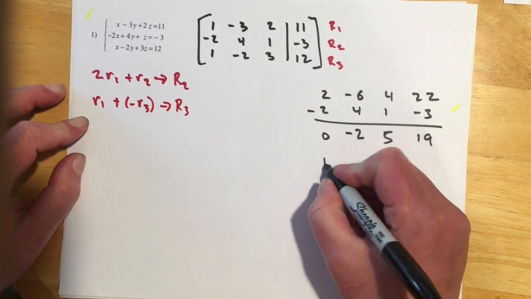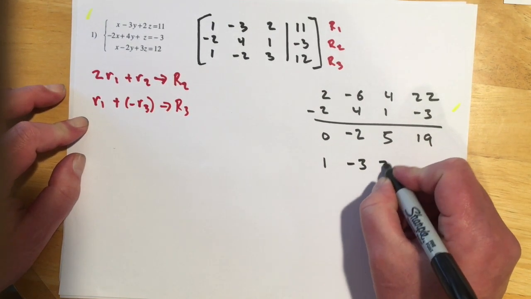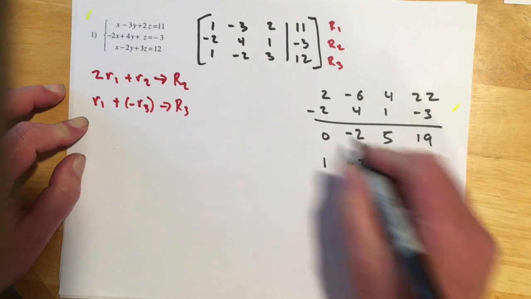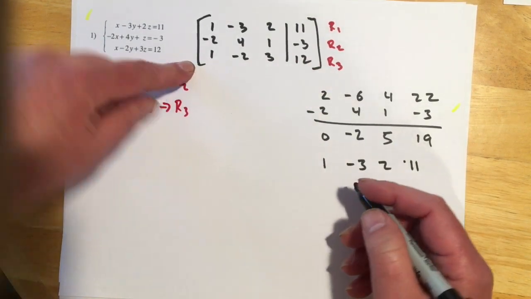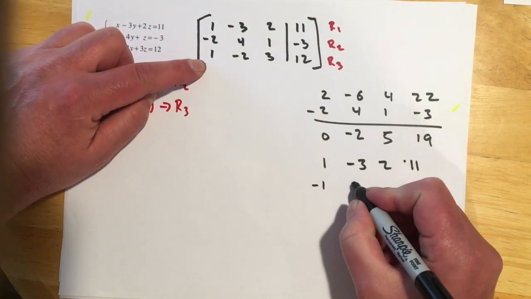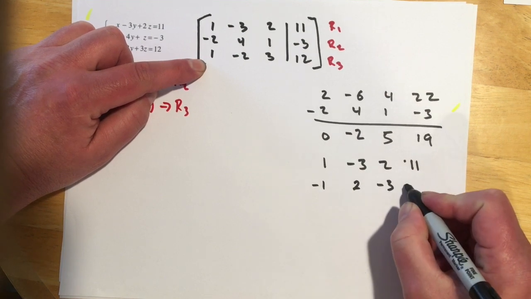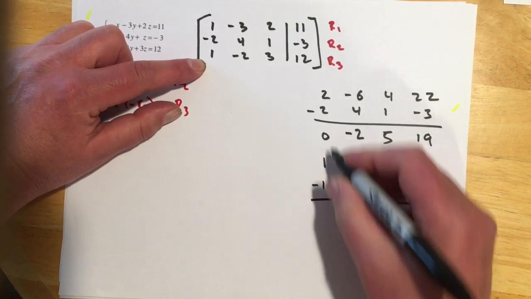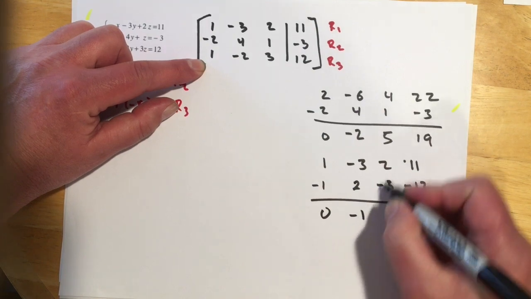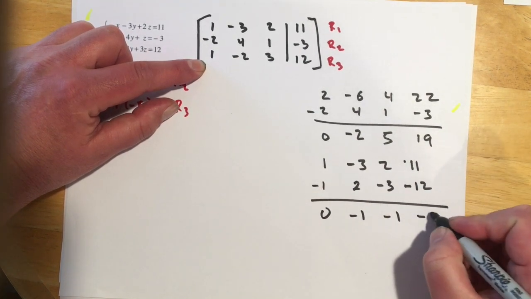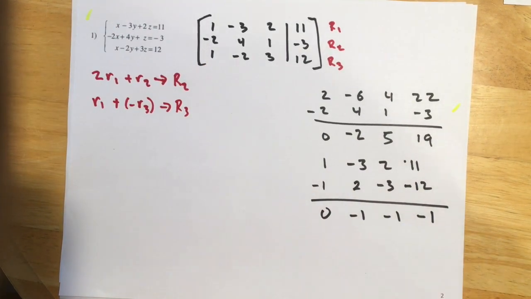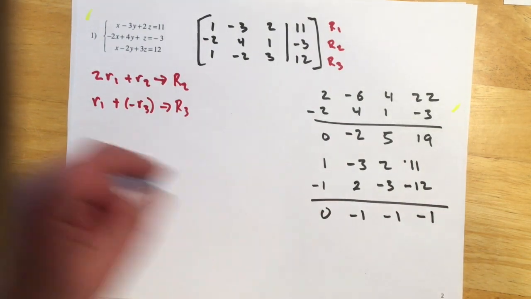So row 1 right here, and then the negative of row 3. So negative 1, positive 2, negative 3, negative 12. So here's kind of my scratch work for that. And I get this. So this is my new row 2, this is my new row 3.